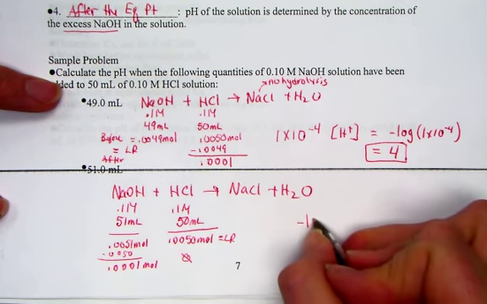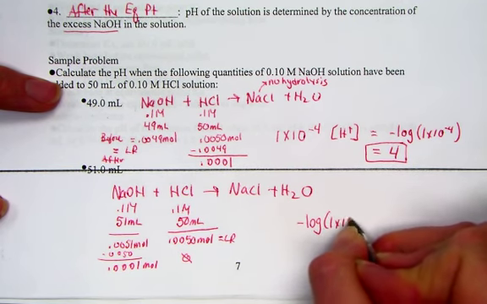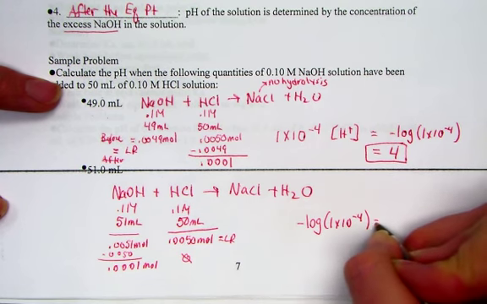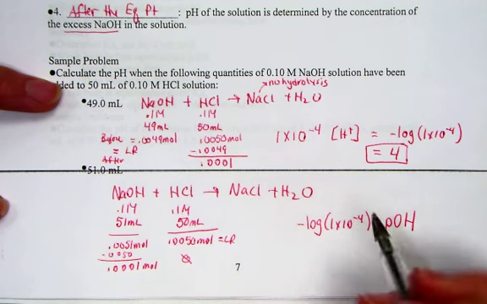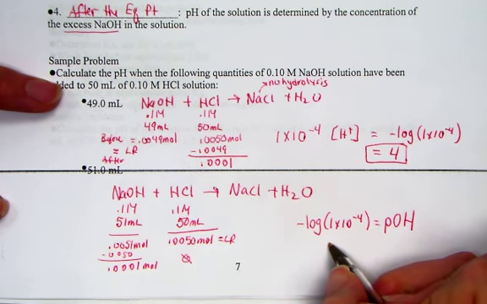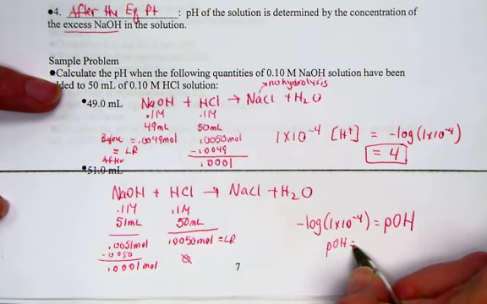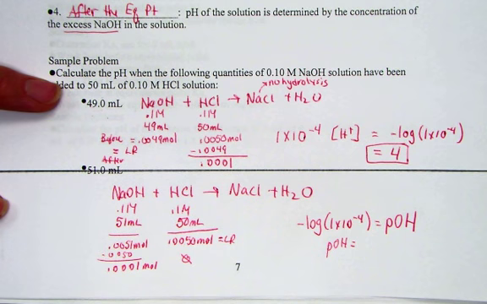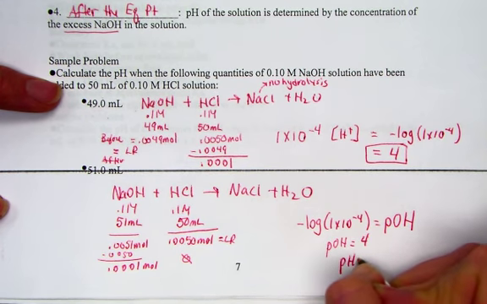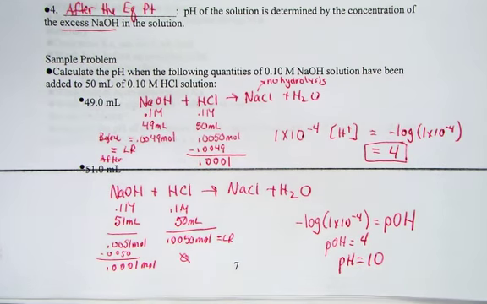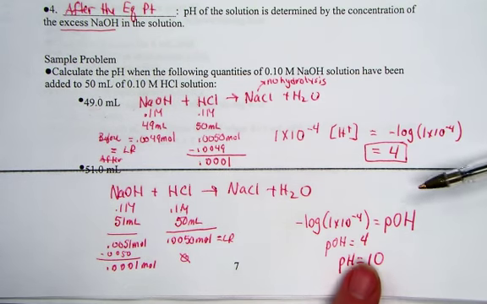However, if I take negative log of 1 times 10 to the negative 4th, that gives us something called pOH. The excess amount here is the base. So the pOH of 1 times 10 to the negative 4th is 4, and the pH comes out to be 10, 14 minus 4. So just to consider what's happened.